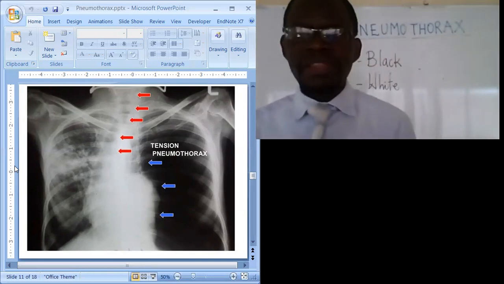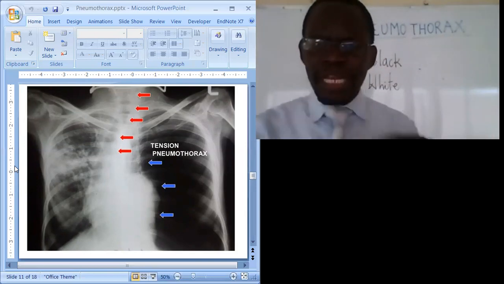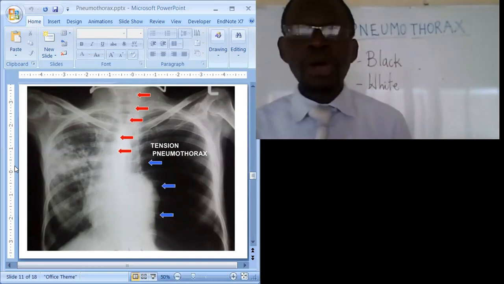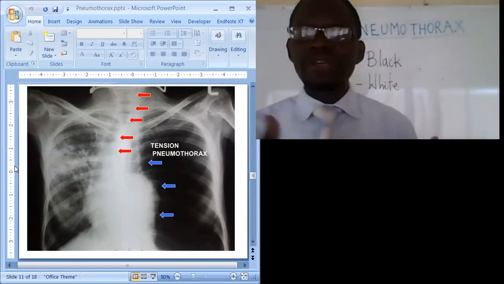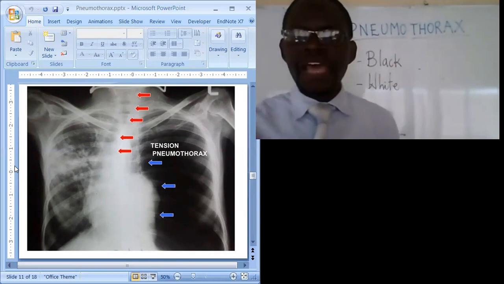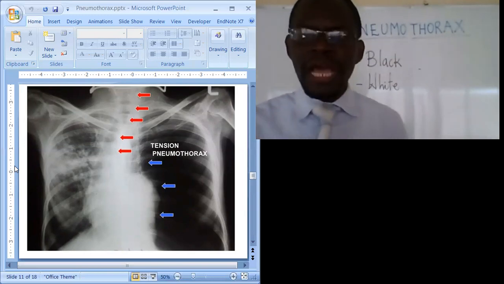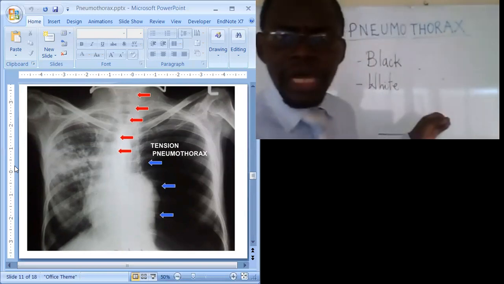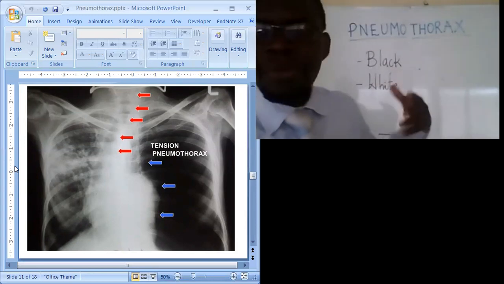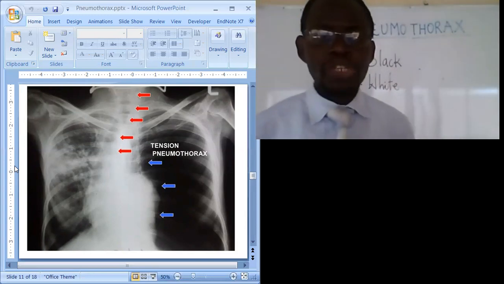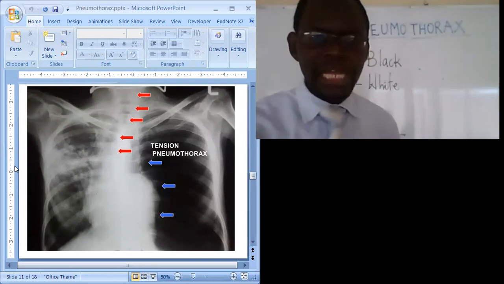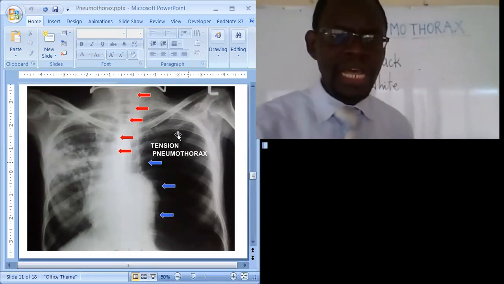When the rays are able to pass through that medium, what we call transparent, then you will see black. For example, if it is air, you will see black. So where you see black is basically air.